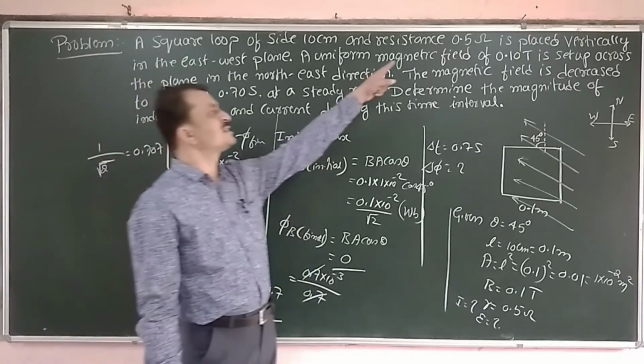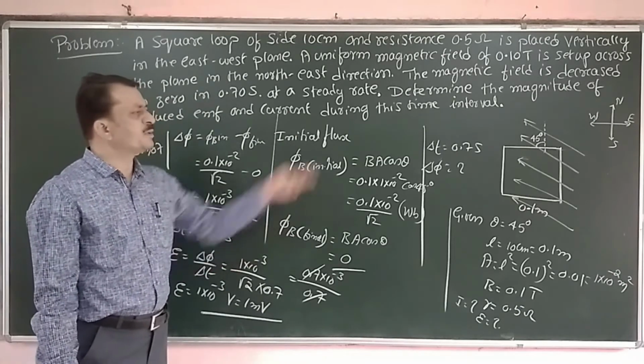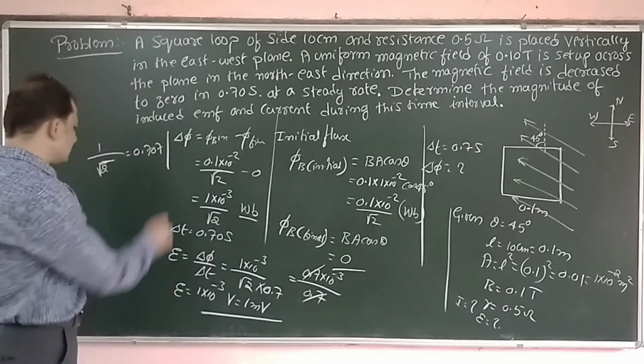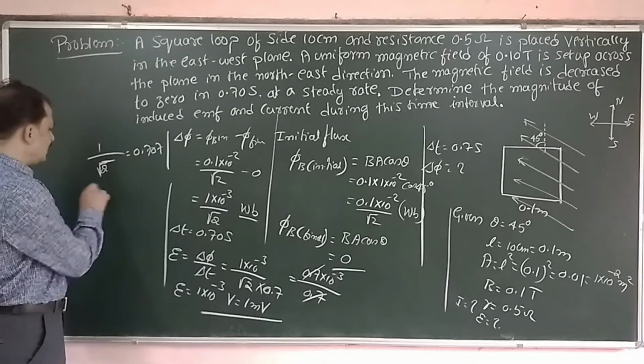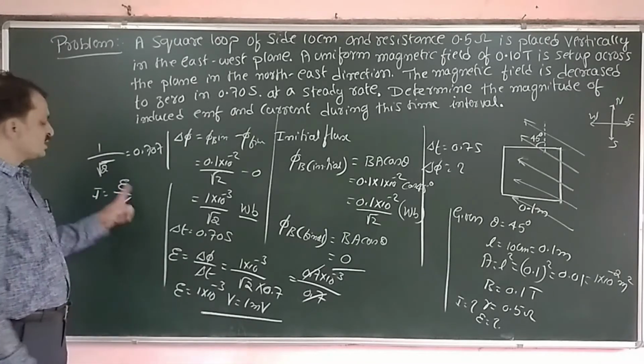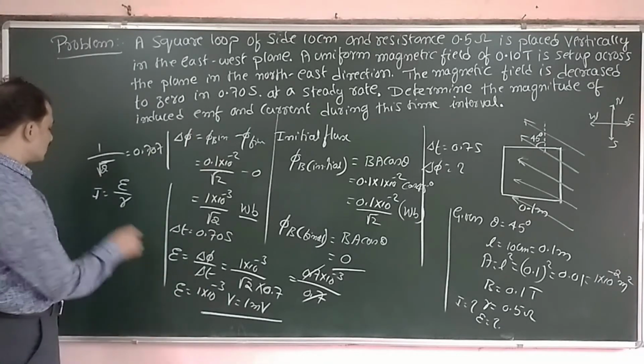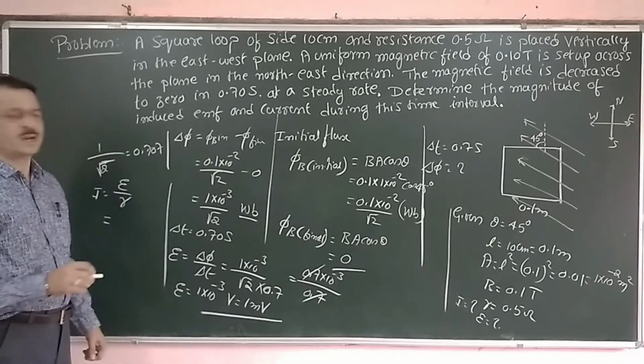Since the square loop has a resistance of 0.5 ohms, obviously we can calculate the current. Therefore, the current is given by E divided by R. Now, E is the EMF induced and R is the resistance of the square loop.